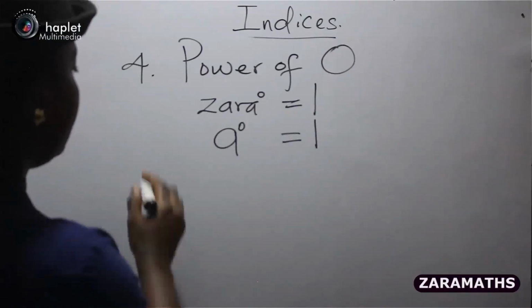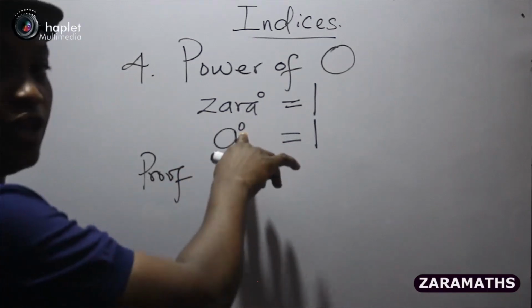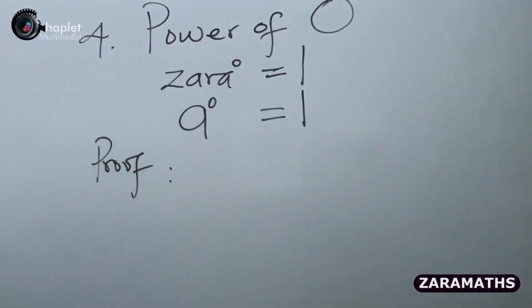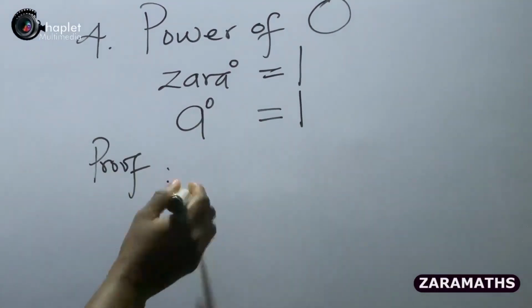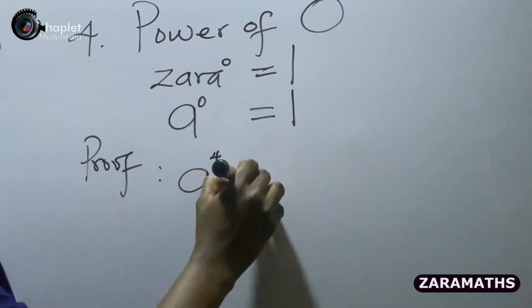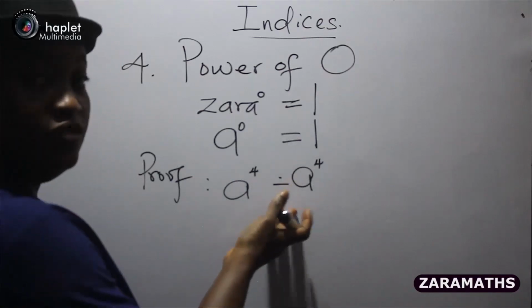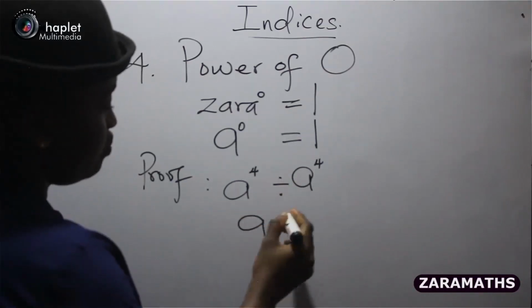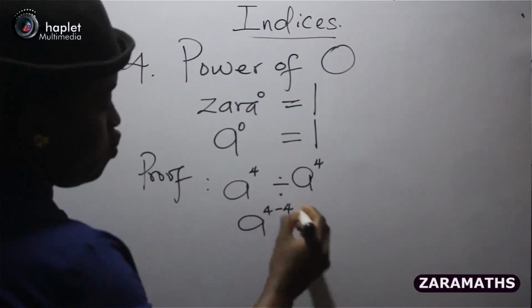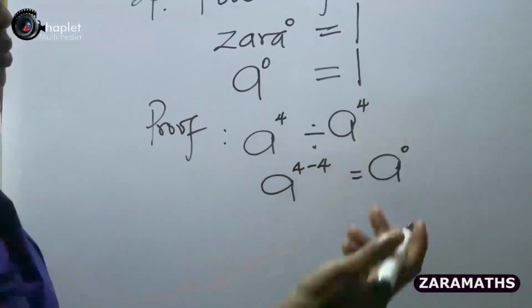Let's prove it. If we'll be getting a 0 here, that means the number we have to subtract is itself. In this case, a raised to the power of 4 divided by a raised to the power of 4. Applying the division law, a raised to the power of 4 minus 4, which will give us a raised to the power of 0.